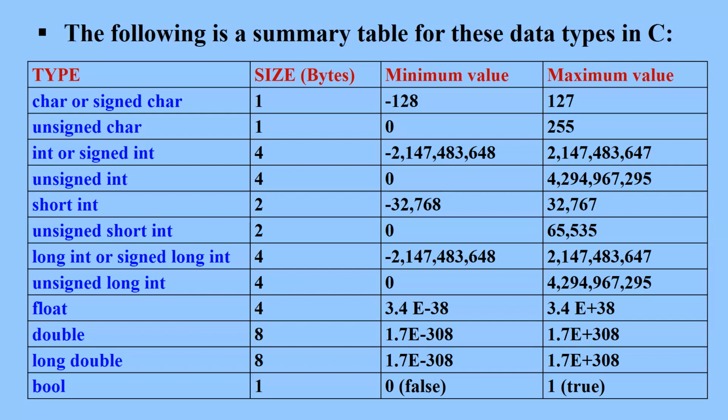And lastly, bool is size 1. It accommodates false, that is 0, or true, which is 1.